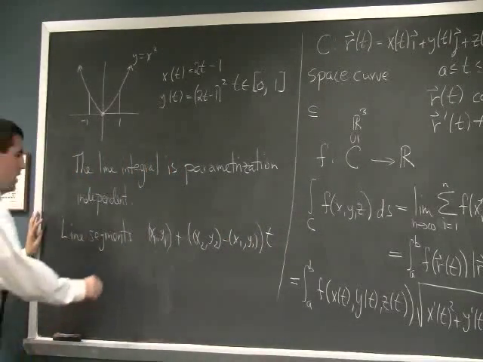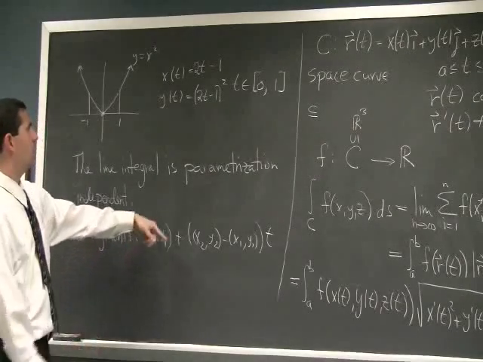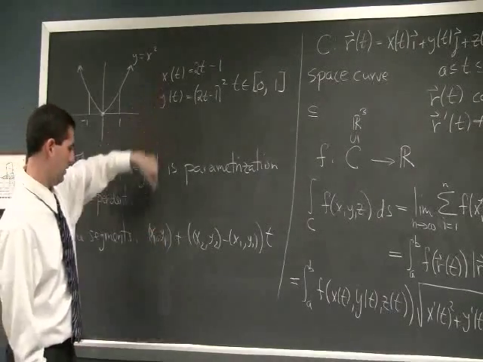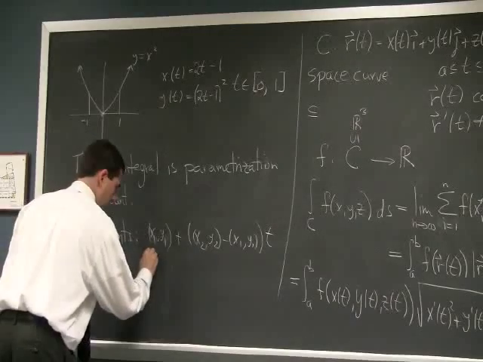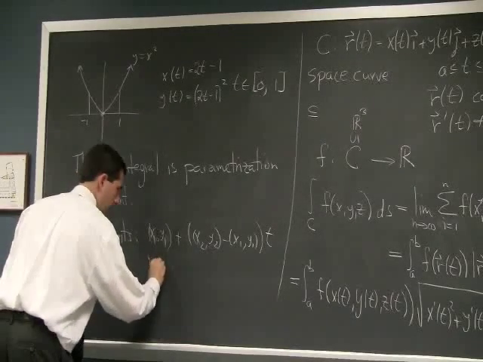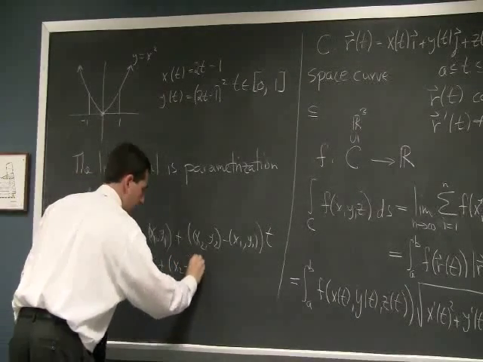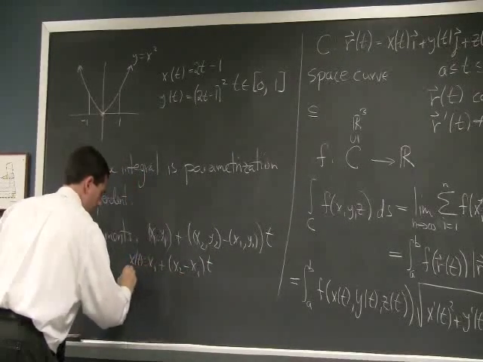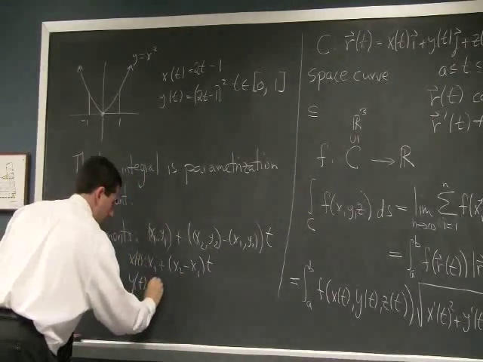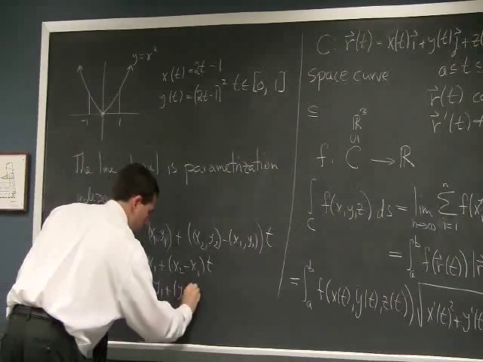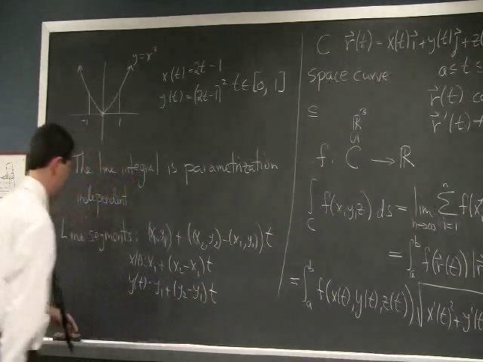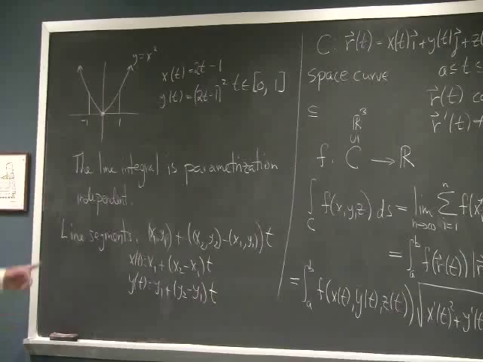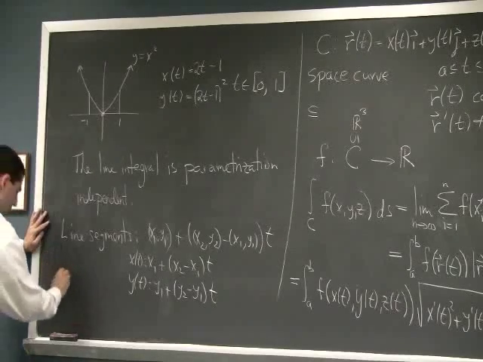That's how you can do it for a line segment. Written with the x's, it becomes x1 plus (x2 minus x1)t. That's x of t. And y of t is y1 plus (y2 minus y1)t. So line segments are very straightforward.